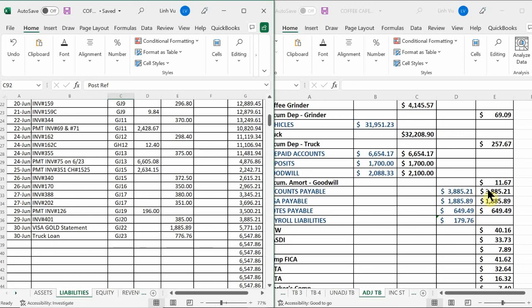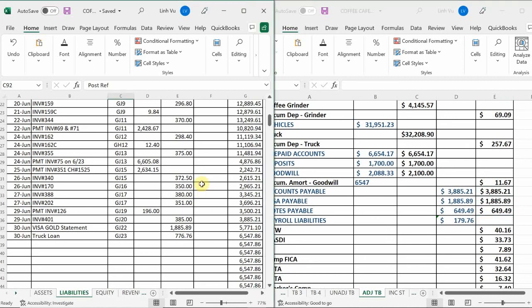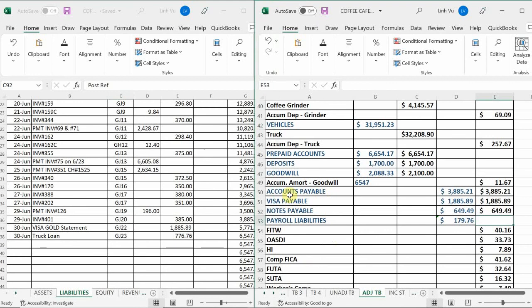So in this case, I have to increase it to represent the 6,547.86.